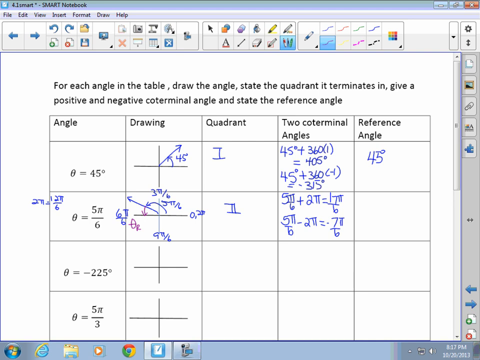If I know this is 5 pi over 6 and I have to go to 6 pi over 6 to get to the x-axis, that means my reference angle is pi over 6. So your reference angle is the measure from the terminal arm to the x-axis.